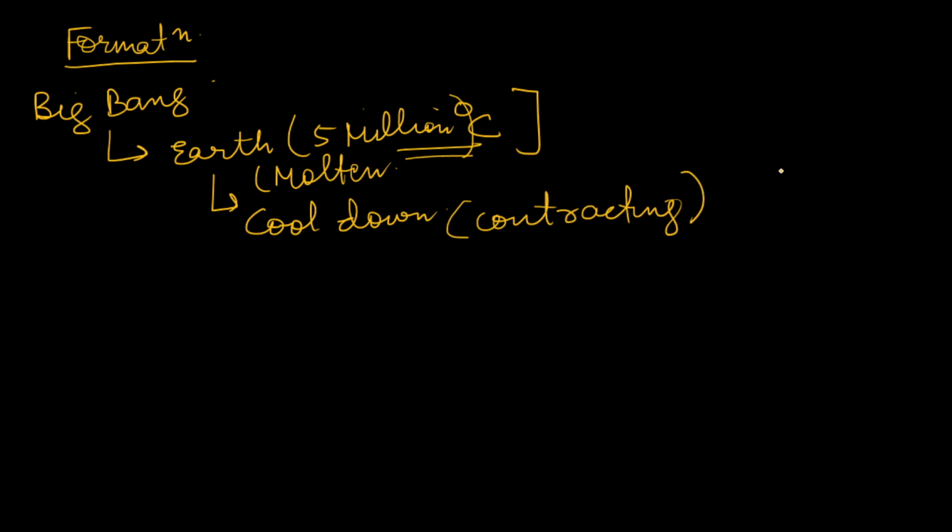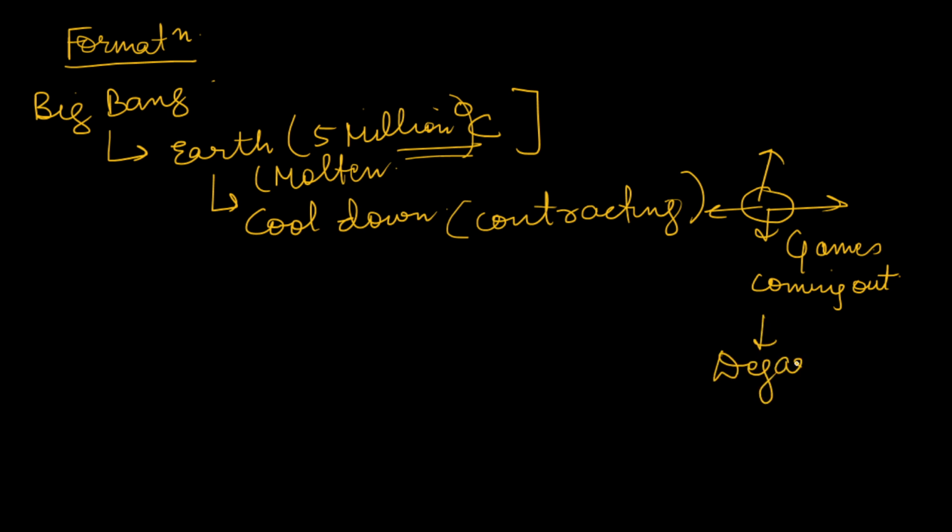When Earth was contracting, the gases were coming out of it. This process is known as degassing. Due to the gases coming out from the contraction of Earth, the primitive atmosphere was formed by degassing.